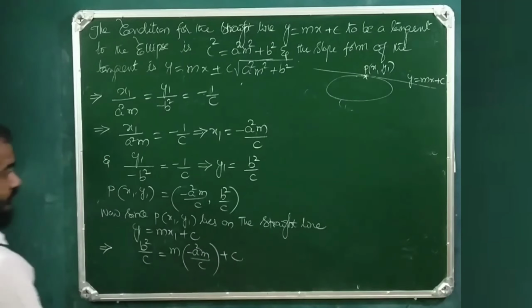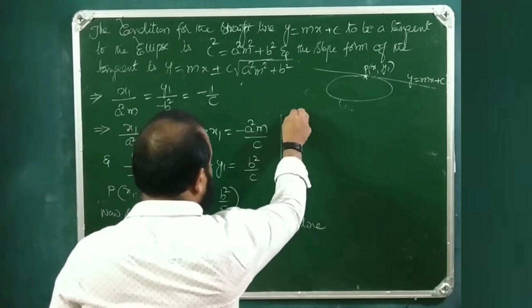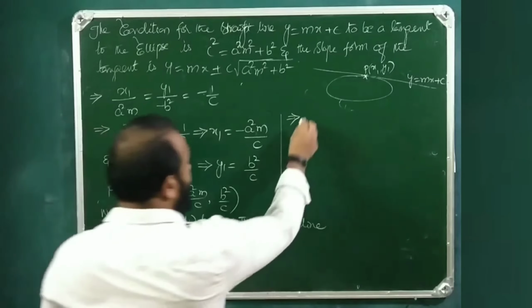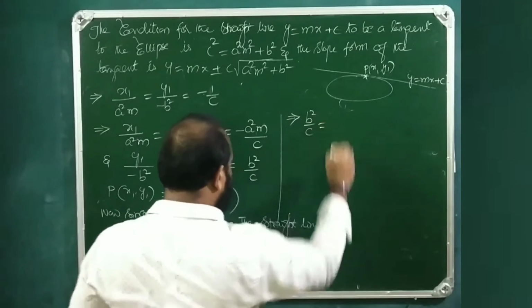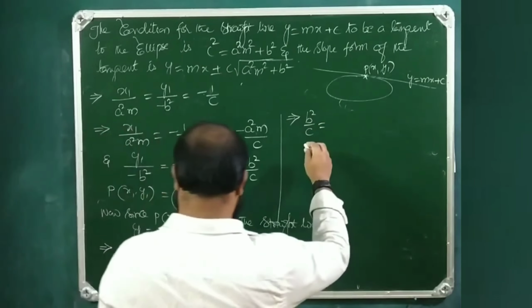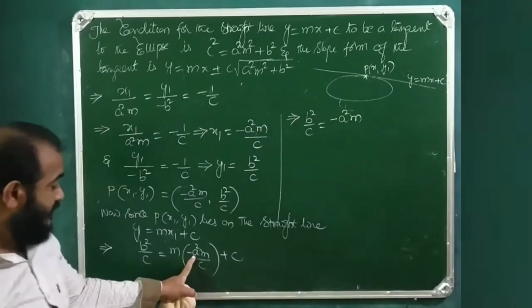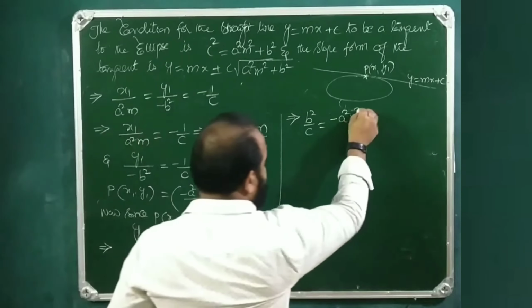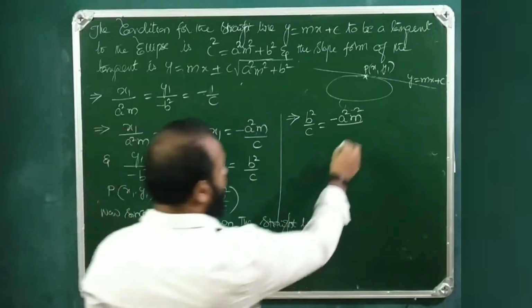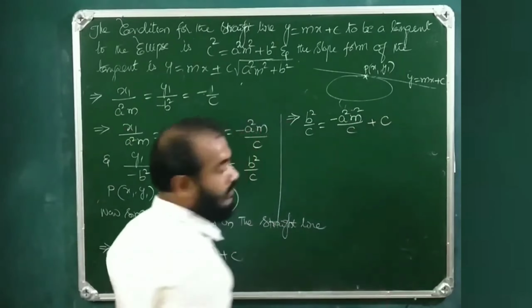So b square by c is equal to minus a square m square by c plus c.